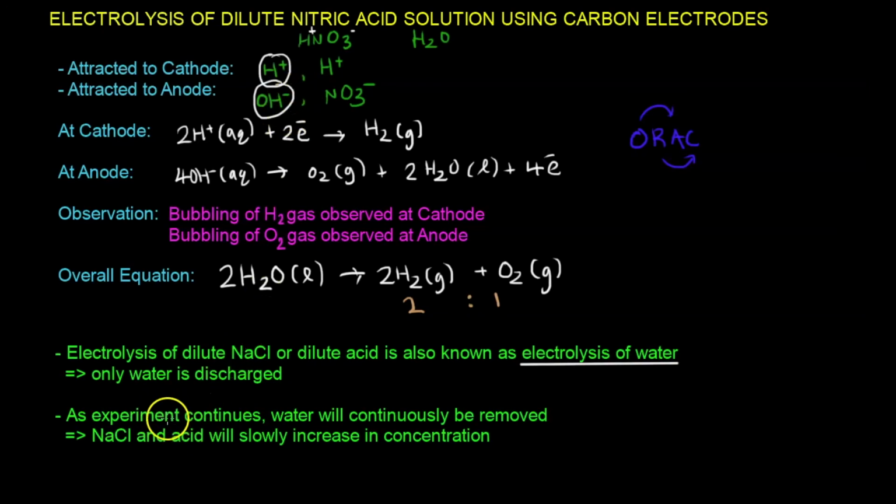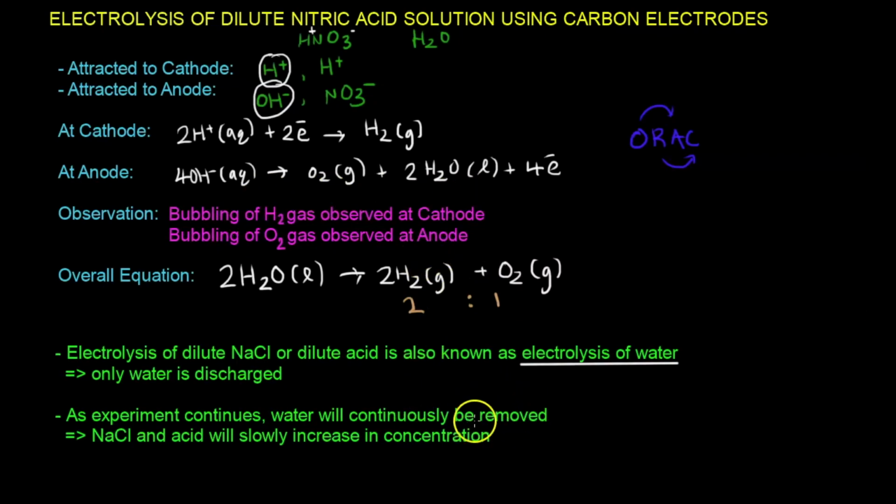This one is a bit special because as the experiment continues, water will continuously be removed. As you can see from the overall equation, water will slowly be turned into gases, H2 and O2, and will bubble out at the cathode and anode respectively.